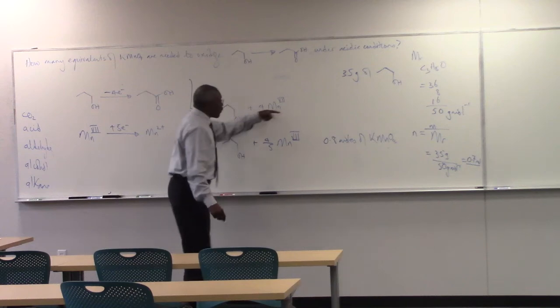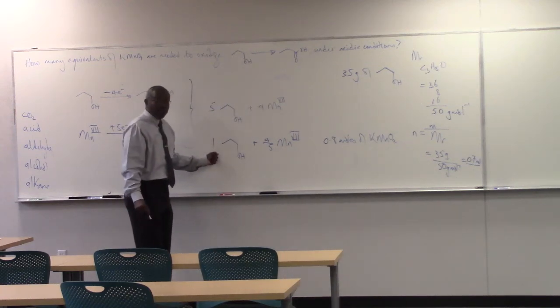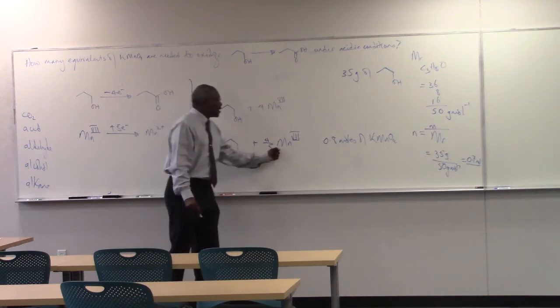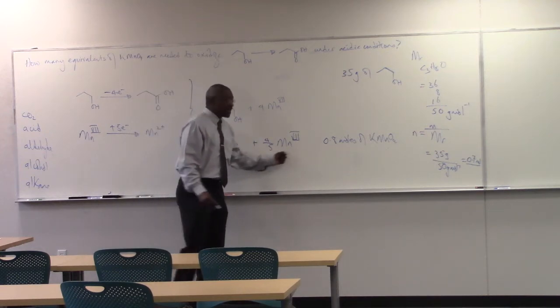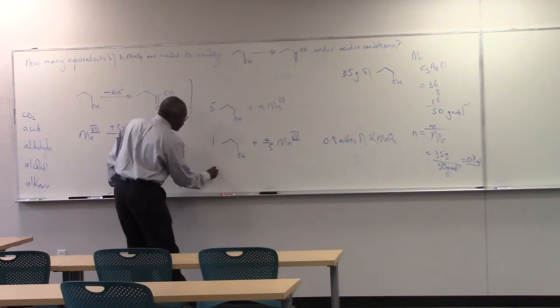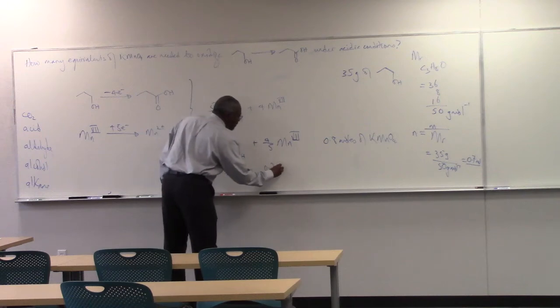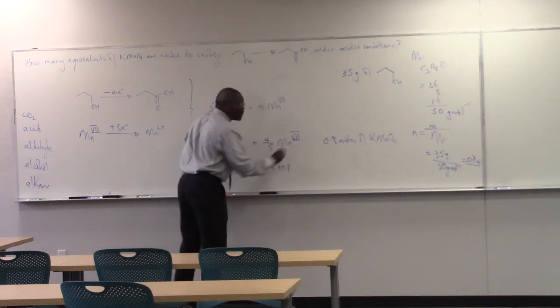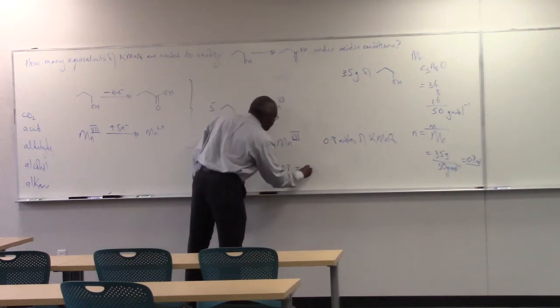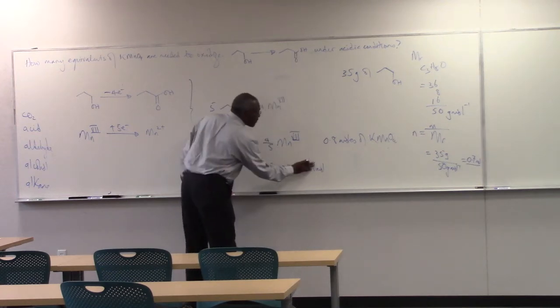So going back to the calculation, if 1 mole of this compound needs 0.8 moles of permanganate, then 0.7 moles will need 0.7 times 0.8 moles. That's going to be 0.56 moles of potassium permanganate.